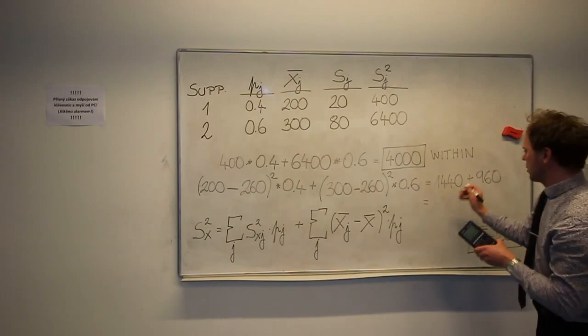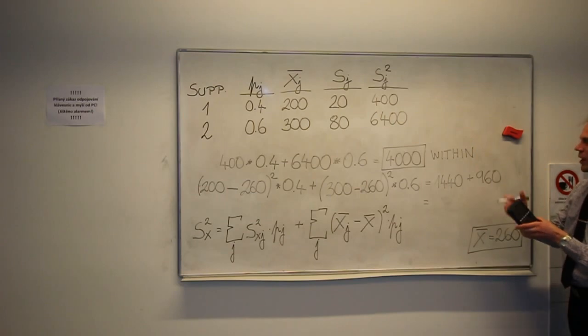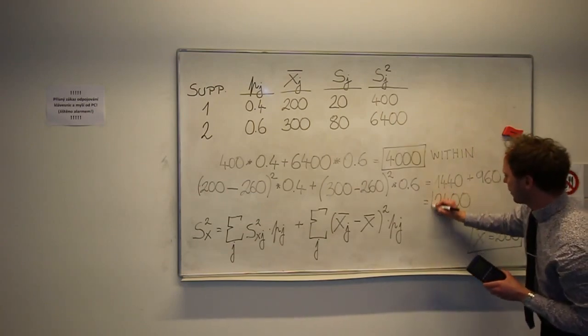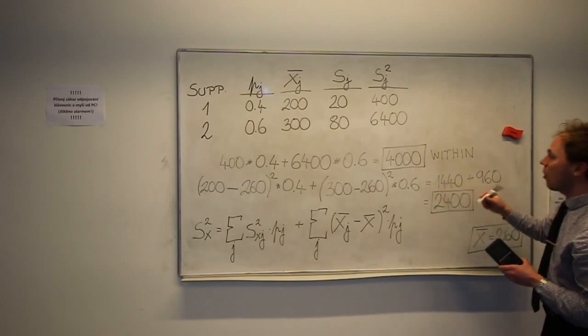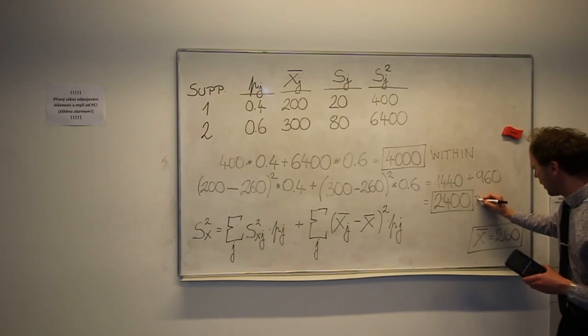So this second part plus 1,440 is 2,400. So 4,000 was within, this 2,400 is between group variability.